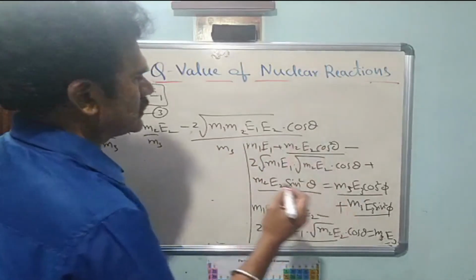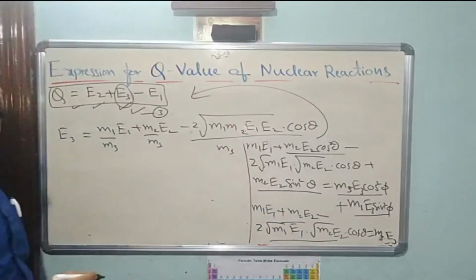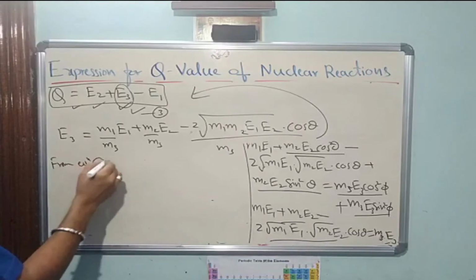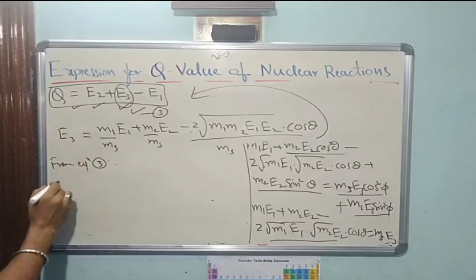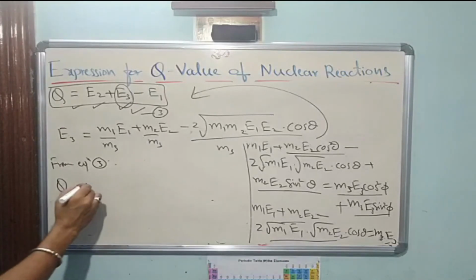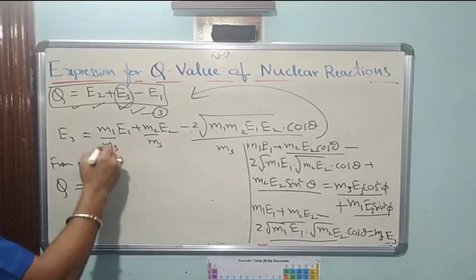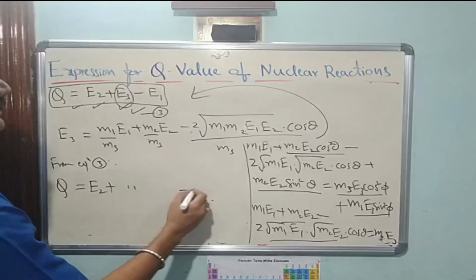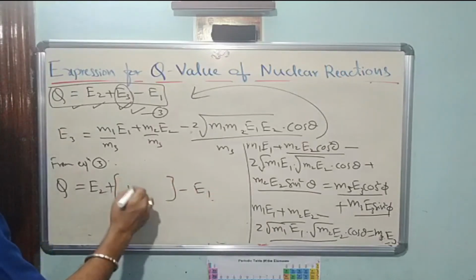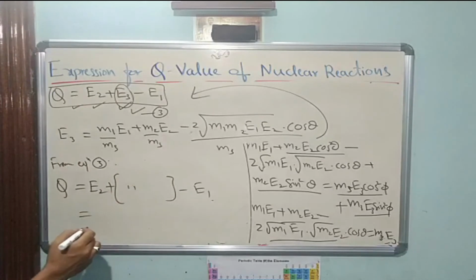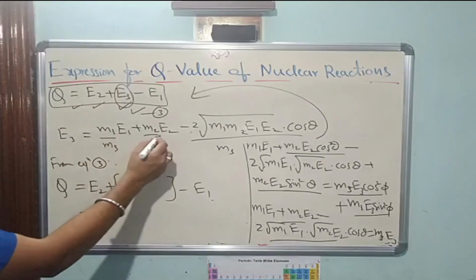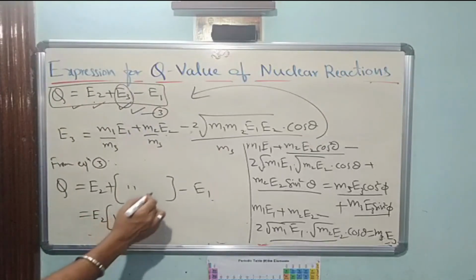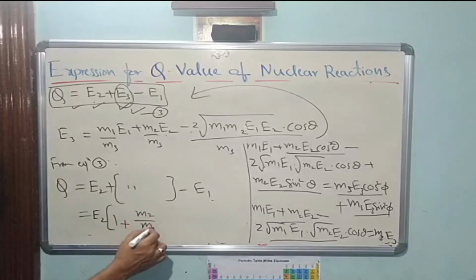Now we make the substitution of this equation in equation 3, which is the main equation for us, to get the value of Q. Q is equal to E2 plus, you write down the entire term in place of E3, minus E1. E2 is common, so left with 1 plus M2 by M3.